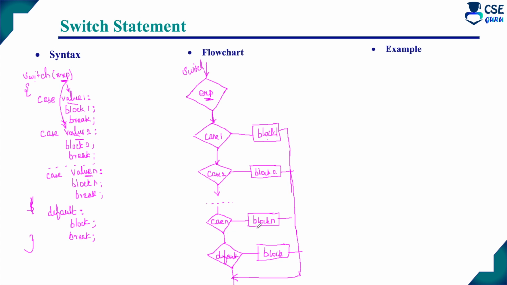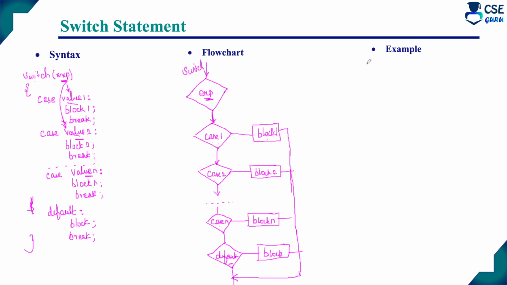Likewise, up to case n block. Suppose the switch expression does not match with case 1, case 2, case 3 up to case n. In that case, by default it will go to the default statement, this corresponding block will execute, and then it will exit the switch statement. So this is the flowchart for this switch statement.